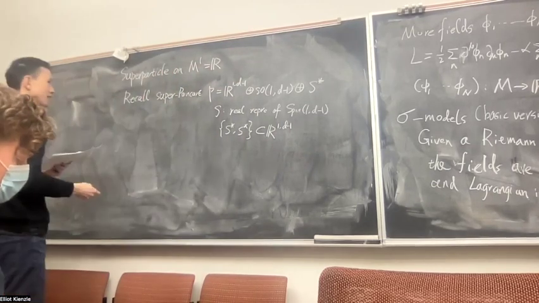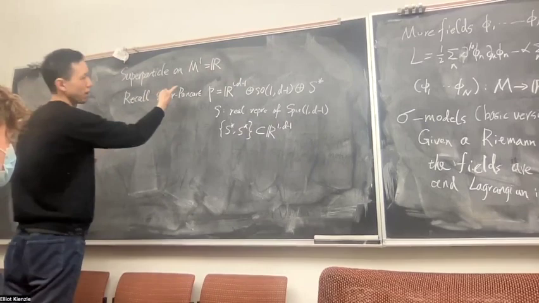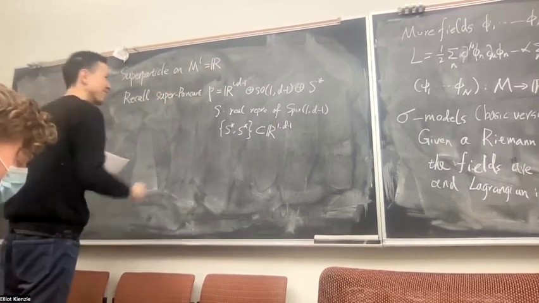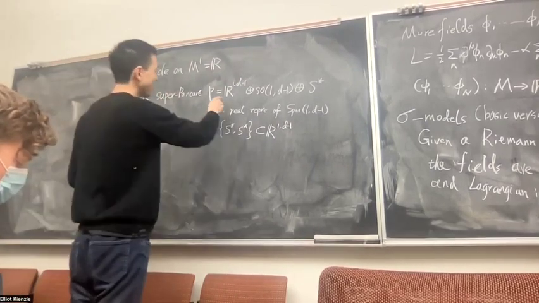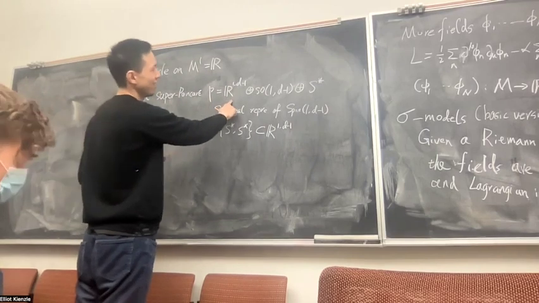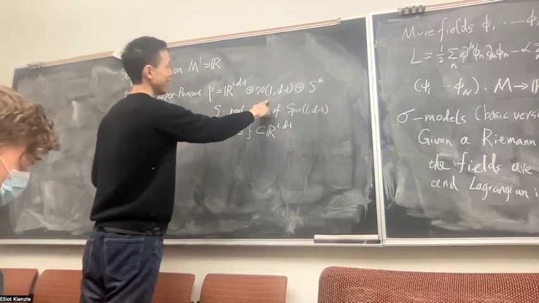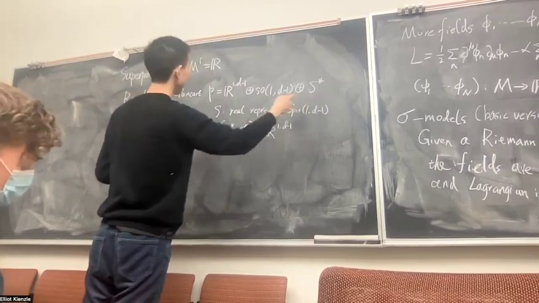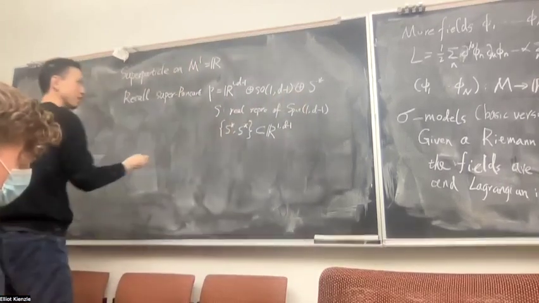But now we're in one-dimensional spacetime, so this simplifies drastically. This is one-dimensional, no rotations, and for S we will take it also to be one-dimensional.